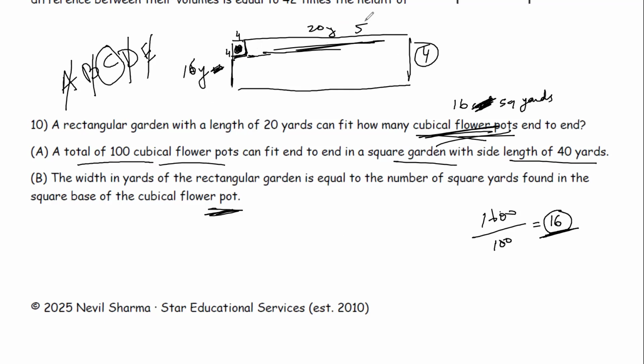So we know there will be 20 total cubical flower pots that could fit into this garden, with dimensions 20 by 16. So together it gives us the answer.